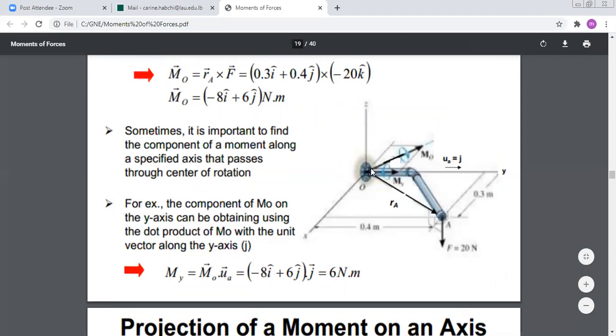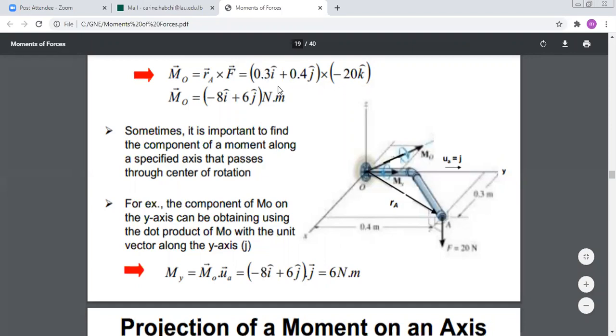And as can be seen in this figure, the components of OA are along I, 0.3i, and along J, 0.4j. So we can say that the moment about O is RA vectorial F equal to 0.3i plus 0.4j vectorial minus 20k.